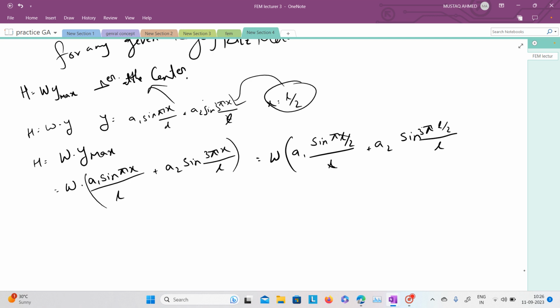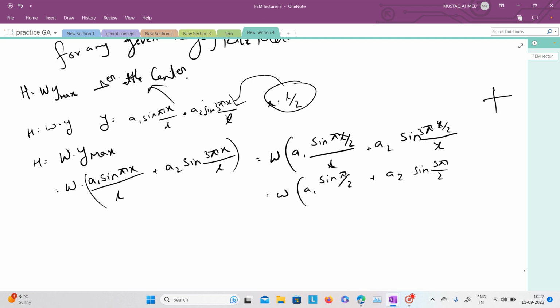L will get cancelled. Then w into a1 sin pi by 2 plus a2 sin 3 pi by 2.